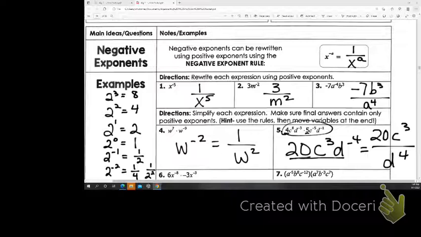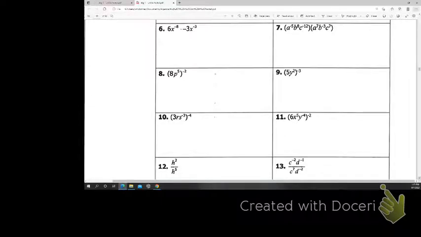Right, let's look at number 6. So at first we're just going to use the rules that we already know, and then at the end we can take care of negative exponents. Now as you start doing it more, you may be able to combine some of these steps. When I went through just on my own to do it, I might have combined some steps that maybe initially I wouldn't combine when I show you. So 6 times negative 3 is negative 18.